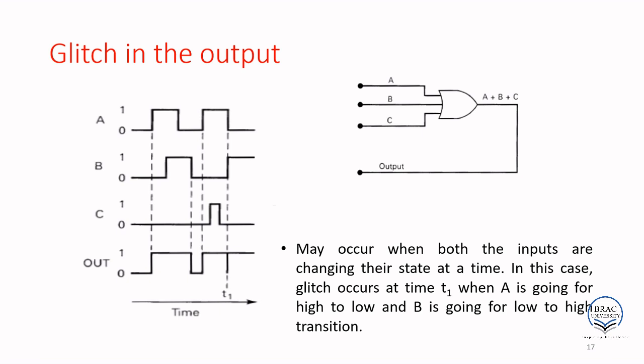At T1, A is changing from high to low and B is changing from low to high. So at this particular time, both of the inputs are changing their state. That's why in the output you will see a glitch. That means for a certain amount of time, you will see the output going low, whereas we are expecting high. This is called a glitch.